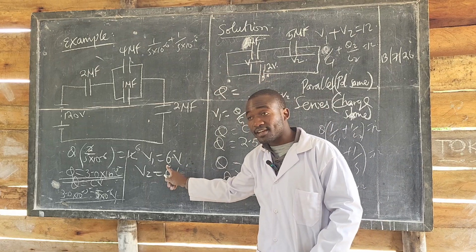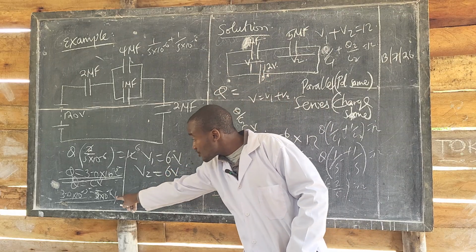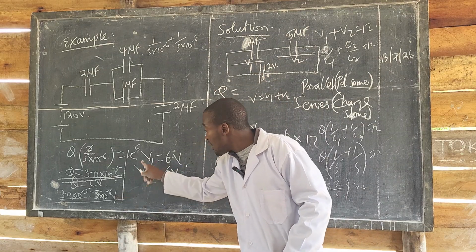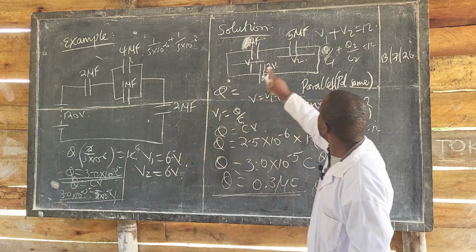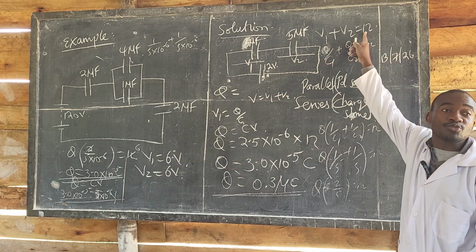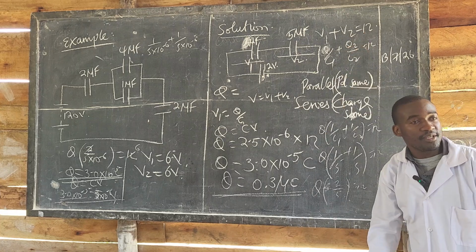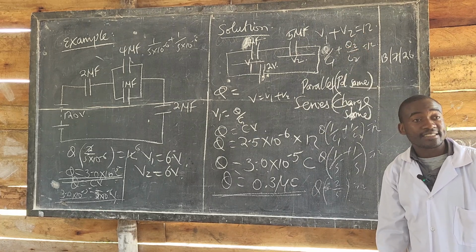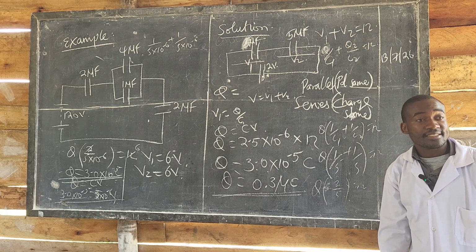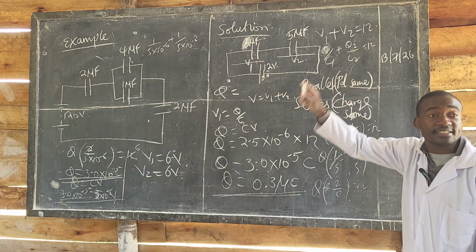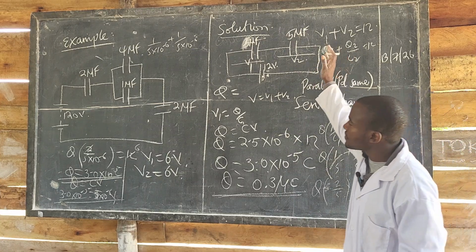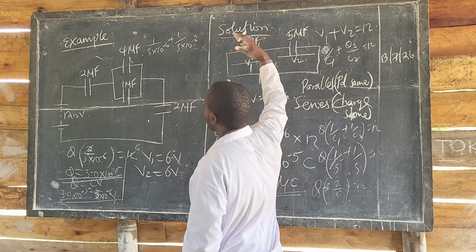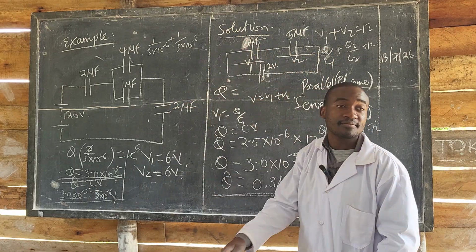That's what I'm doing here, such that I get my V1 as 6. Now if V1 is 6, from V1 plus V2 equals 12, even V2 will be 6. Such that 6 plus 6 gives you 12. Now you can use those facts and get the charge on the other diagram that we had.